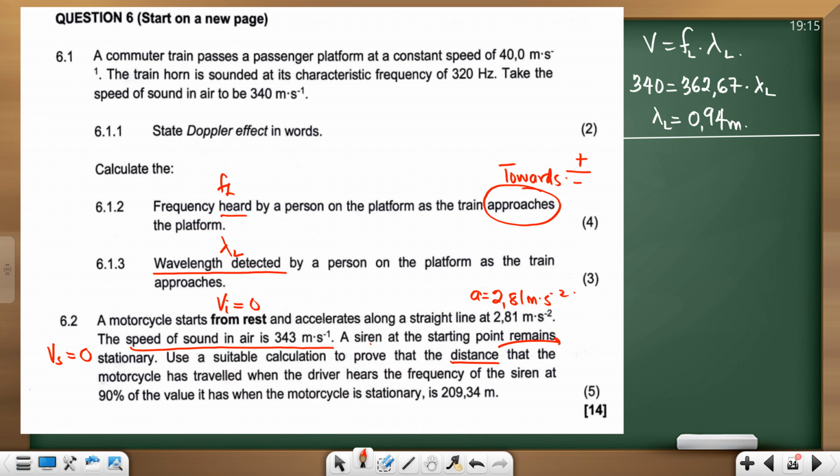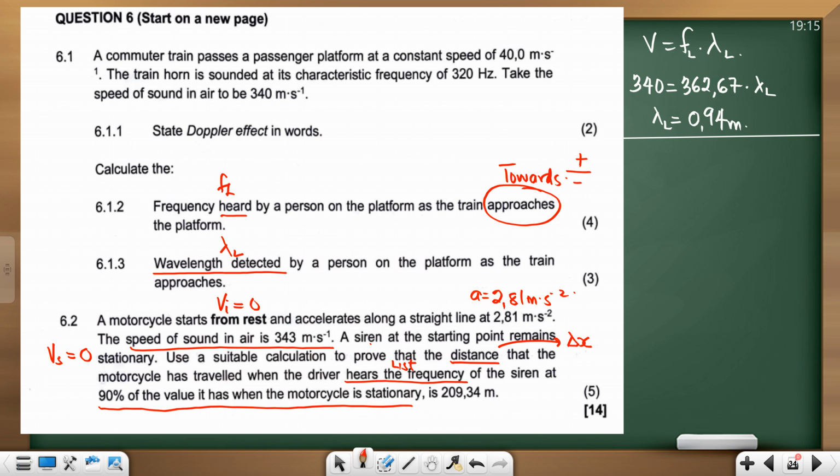Use a suitable calculation to prove that the distance, what are we looking for? Delta x, that the motorcycle has traveled when the driver hears the frequency. Hears, talk about what? The listener of the siren at 90% of the value. Please, interesting. 90%, let's interpret.